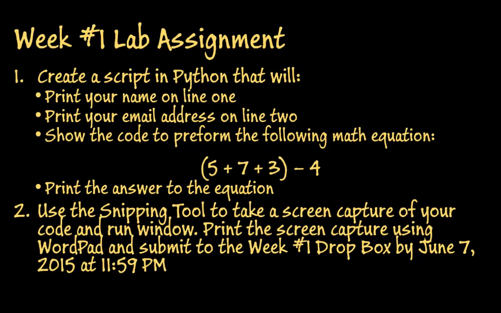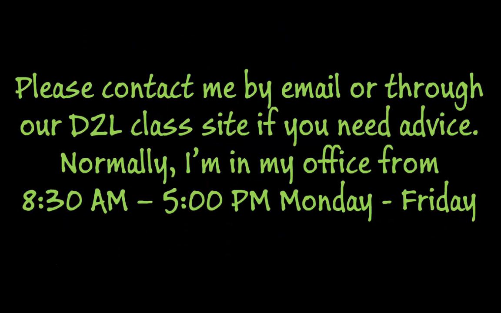Print the screen capture using WordPad and submit it to the week 1 Dropbox by June 7th at 11:59 p.m. If you have problems, please make sure to contact me for advice. Again, if you had difficulty in getting Python or PyCharm to work, please contact me in my office.